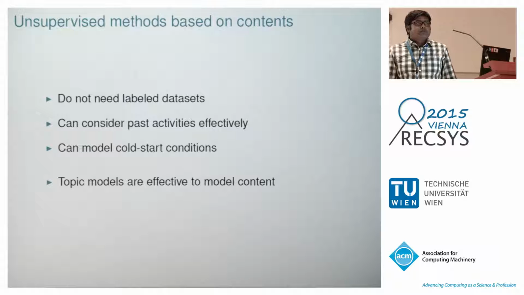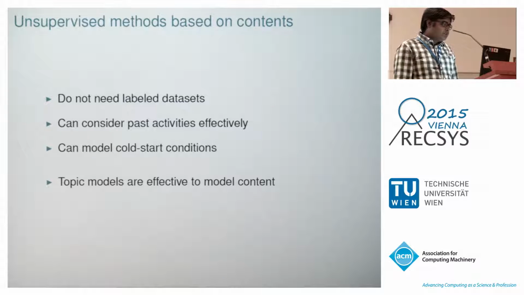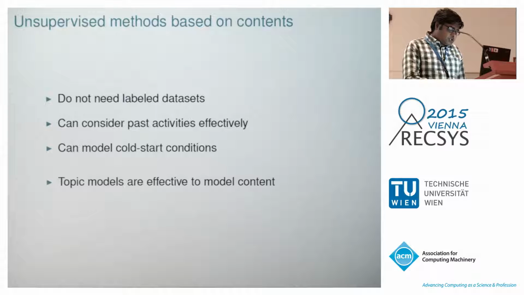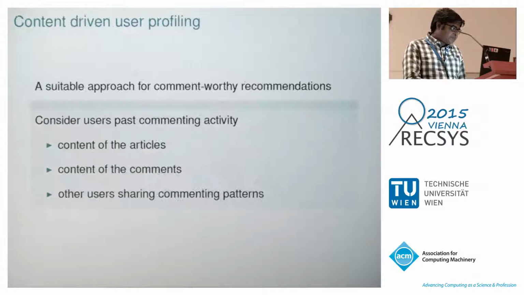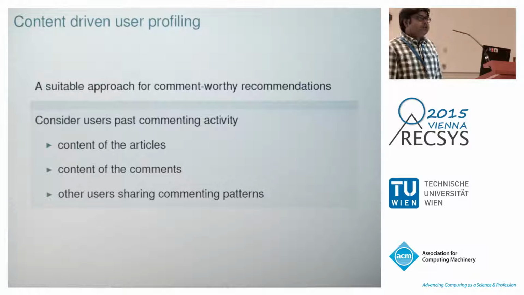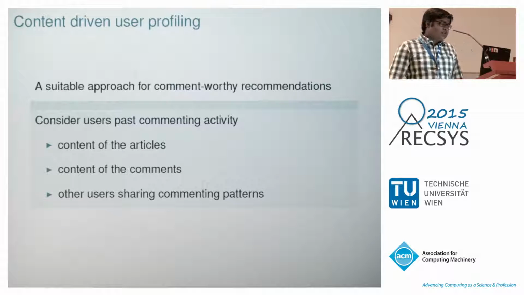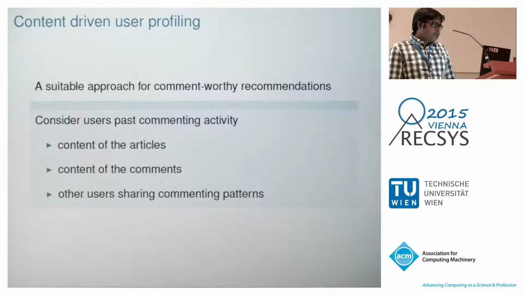So we take the route of unsupervised methods: first of all, we do not need any labeled data, and we can consider past activities based on content, which is very important here to model the user's commenting interest. That leads to our main approach of content-driven user profiling. How do we build the user profiles?